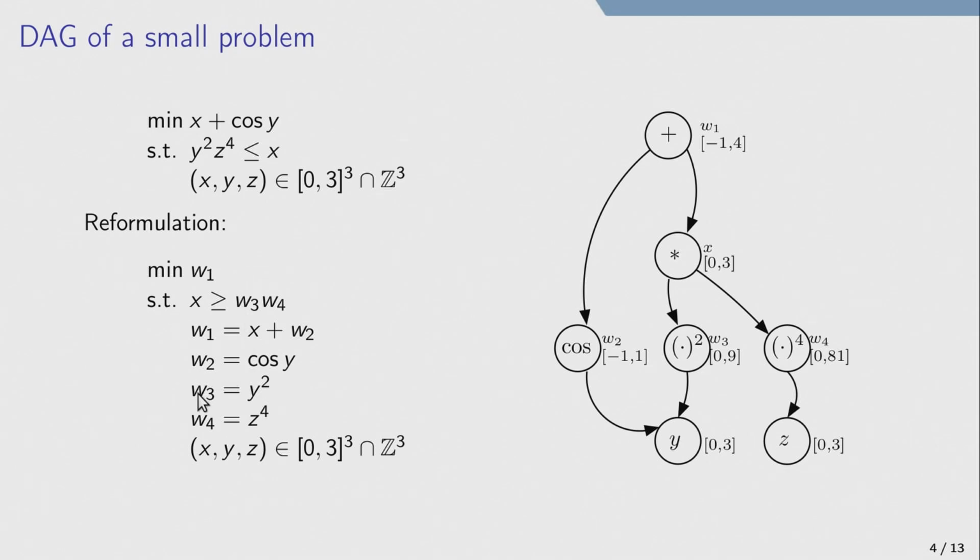We create a new auxiliary variable w3, which is equal to y squared. Z to the fourth is associated with a new auxiliary variable w4. And in principle, then you will have to create, and I didn't, on purpose, another auxiliary variable, w5.